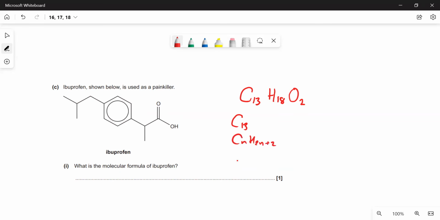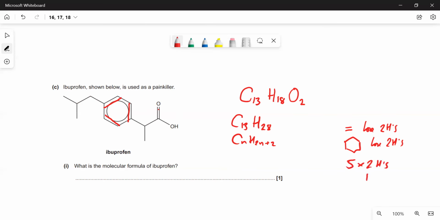Now, if it was CnH2n+2, you would need 28 hydrogen atoms there, wouldn't you? But every time you have a double bond or a ring, you lose 2 H's. So for every ring you have, you also lose 2 H's. The benzene ring has 3 double bonds and a ring, so that's 4 lots of 2 hydrogens, and you've got another double bond, that's 5 lots of 2 hydrogens.